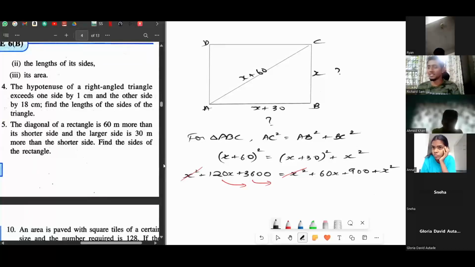So what you said you did, you didn't do at all. Okay, do it fast then, everyone. I'll do till the quadratic equation, and then you can check if that is right. So x square, 60x minus 120x.